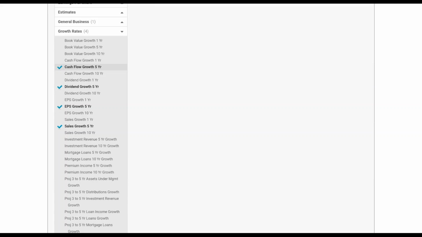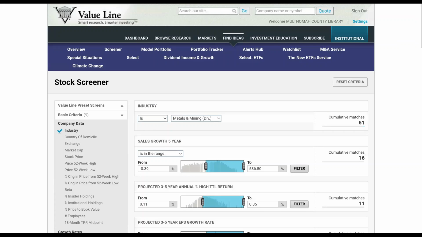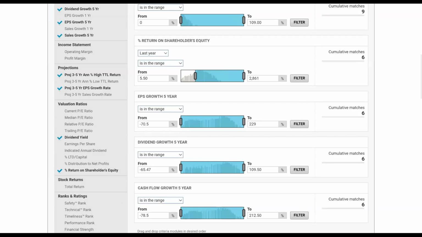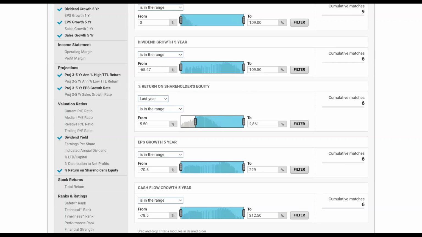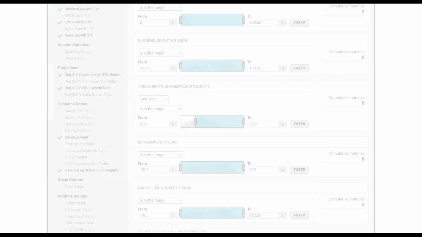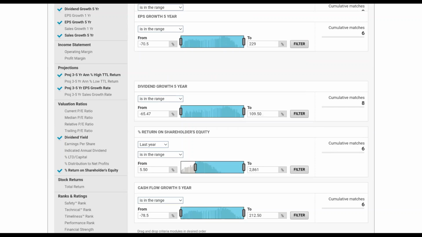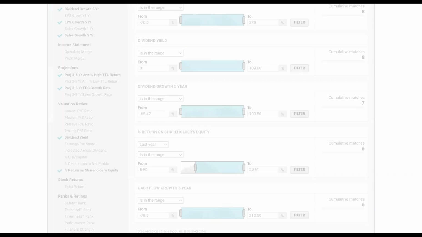And they'll limit you on how many of those things you can pick. So we'll go in here. And you could see, I'm just kind of scrolling. These are all the various ones that we just selected.